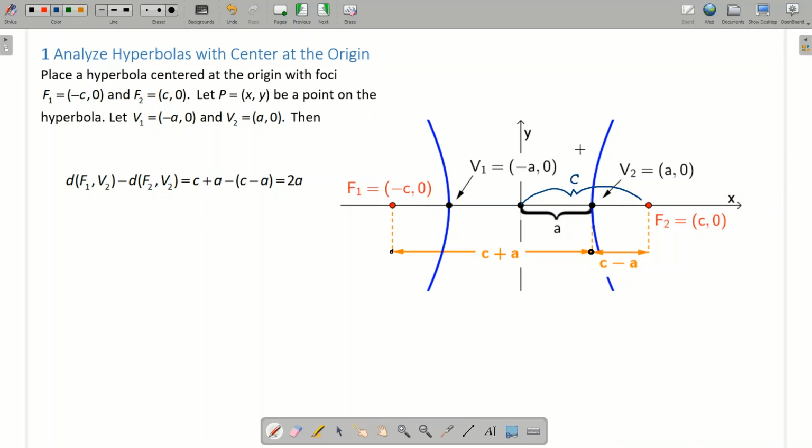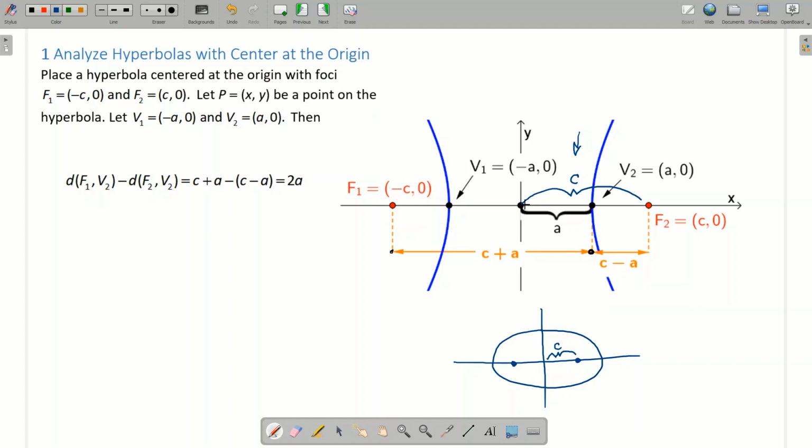And that is going to be the convention that we always are going to use. c will always represent the distance from the center to the focus. This is consistent with what we did for ellipses. If you have an ellipse, your foci are inside, but we still defined this distance to be c. So that is consistent here.